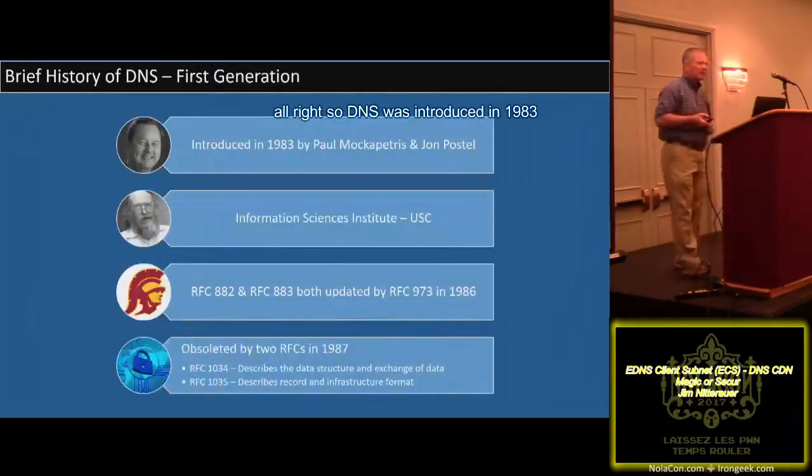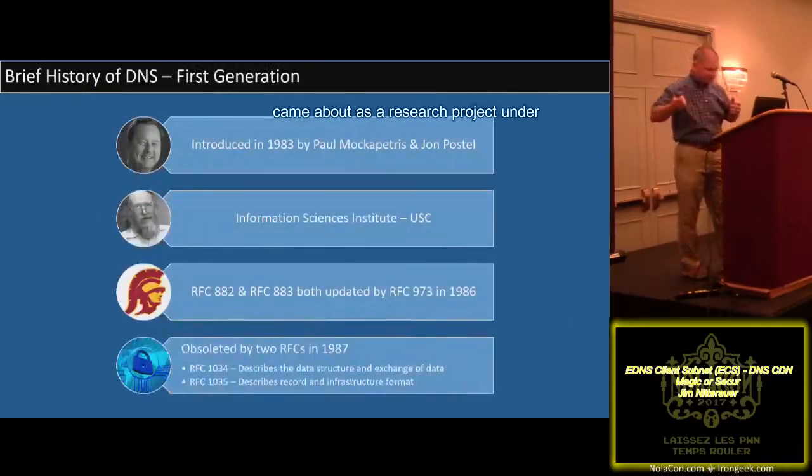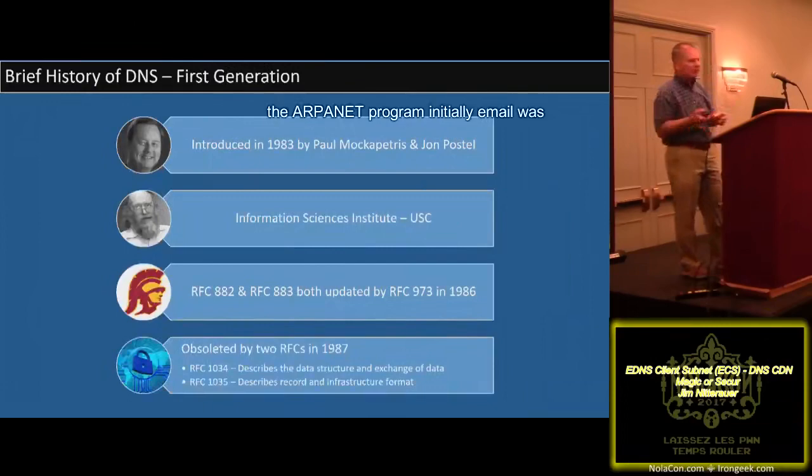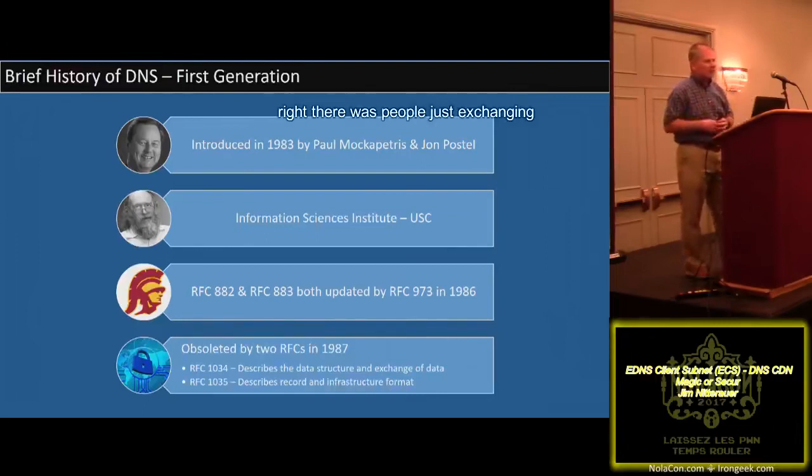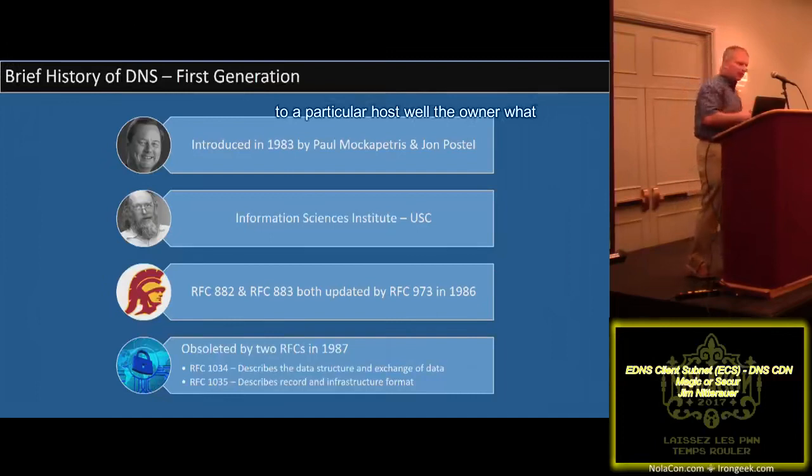All right, so DNS was introduced in 1983. It came about as a research project under the ARPANET program. Initially, email was the first protocol used on the ARPANET, right? There were people just exchanging messages back and forth. As more hosts were added to the network, people had to have a way to know how to send an email to a particular host.